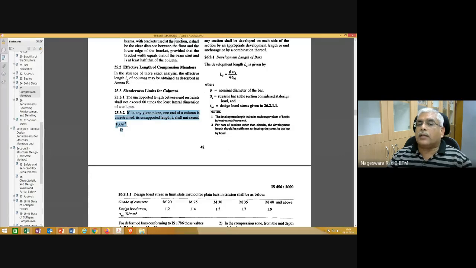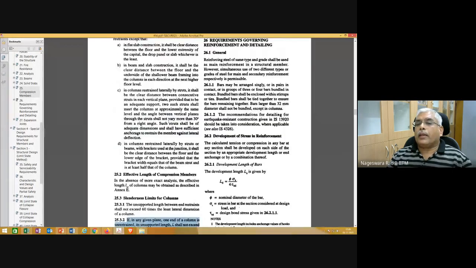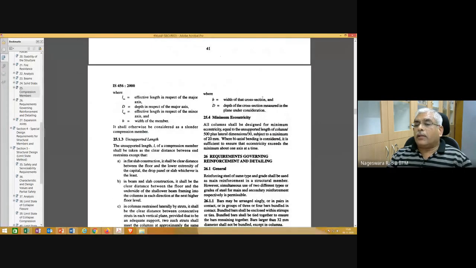Okay, slenderness limits on the columns. And B is the width of the cross section, D is the depth of cross section measured in the plane under consideration. And also column should be designed for minimum eccentricity. All columns shall be designed for minimum eccentricity equal to unsupported length of column divided by 500 plus lateral dimension divided by 30, subjected to a minimum of 20 mm.